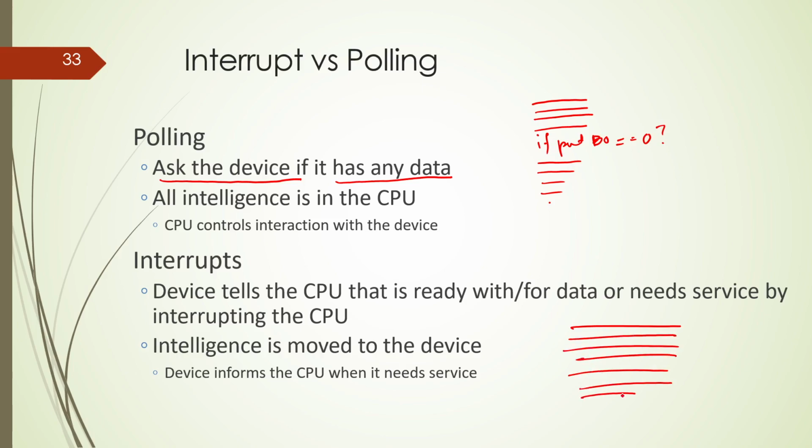Let's say port B happens to have an interrupt, then it will stop, serve the interrupt routine, finish, and only then come back. Okay, so the device tells the CPU that it's ready with data or needs service by interrupting the CPU. So by now you should be able to explain the difference between polling and interrupt. Polling means you do it one by one. You check the port B push button, is it being pushed or not? And if not, then you proceed with the rest of the program.